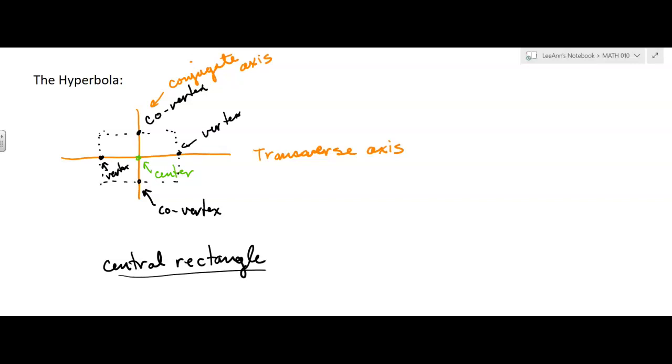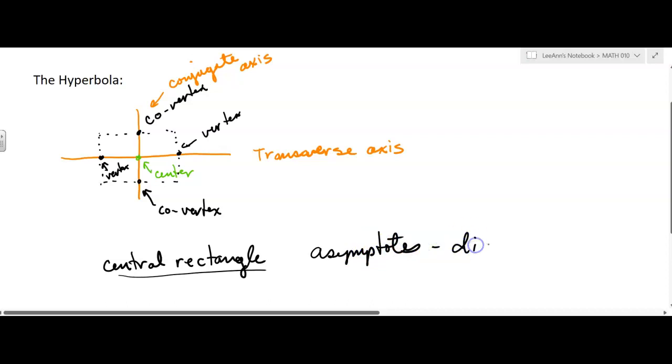Then what we draw are asymptotes. And the asymptotes are the diagonals on that rectangle. And they have to go through the center.